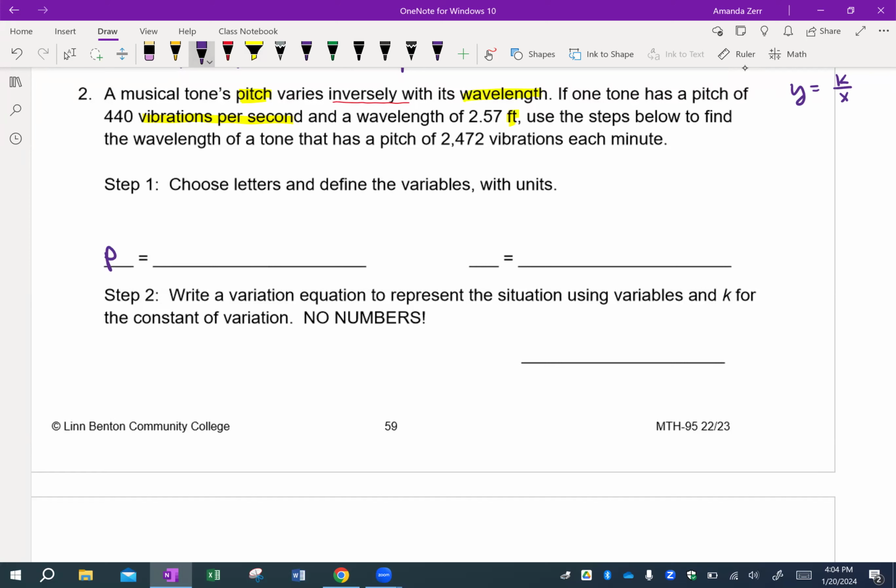Okay, so let's give ourselves some variables. Pitch, and that is in vibrations per second. And we've got wavelength, and that is in feet.